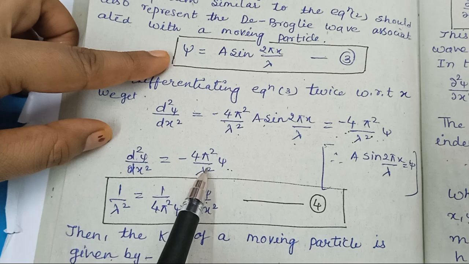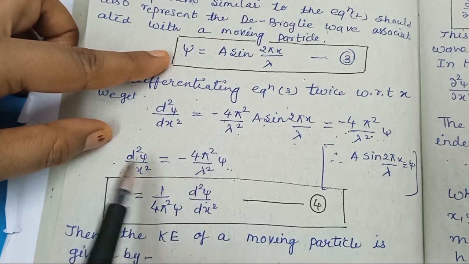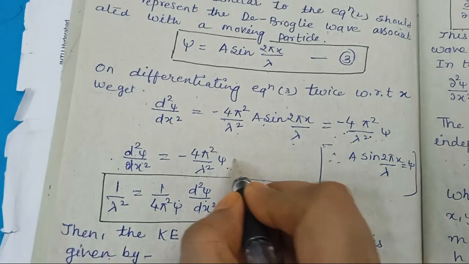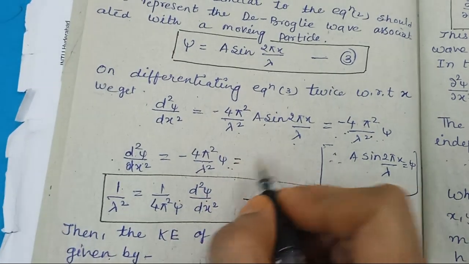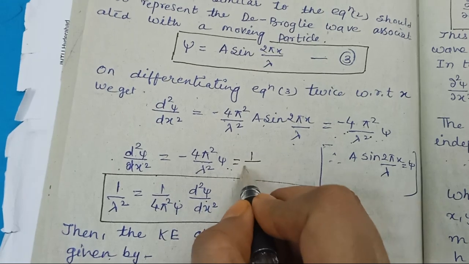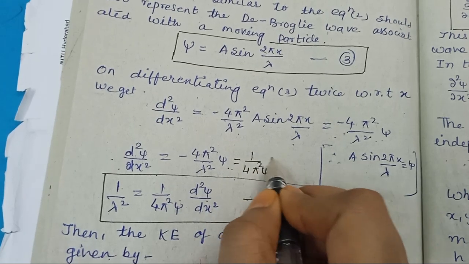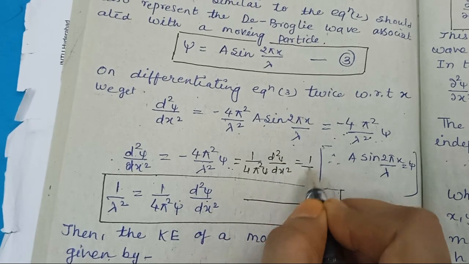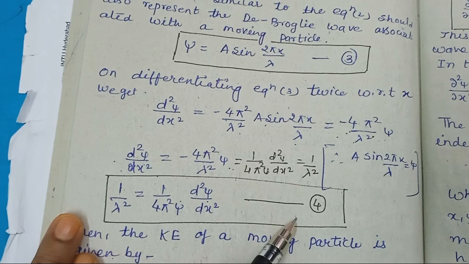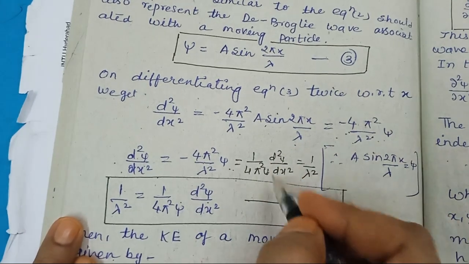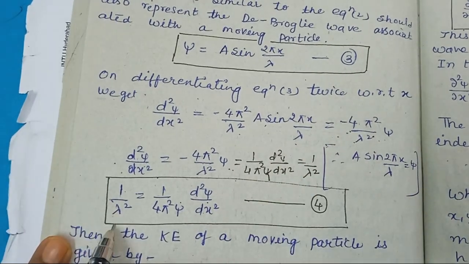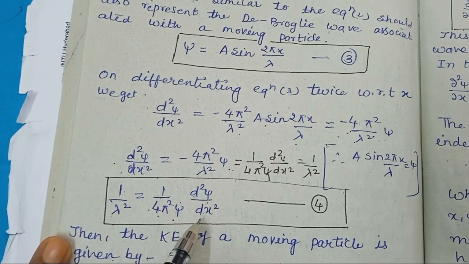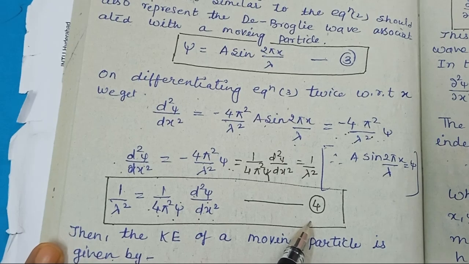Rearranging the equation, we get 1 upon lambda square equal to minus 1 upon 4 pi square psi, d2 psi upon dx square. This is equation number 4.